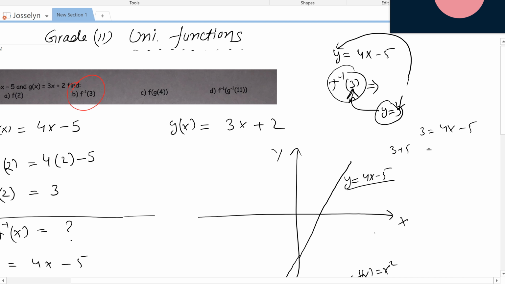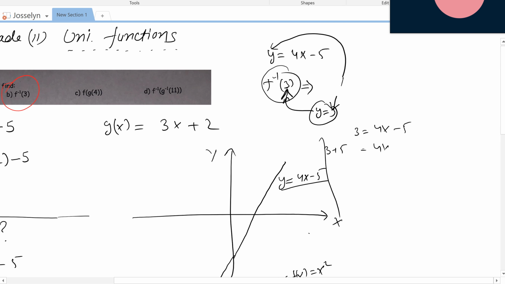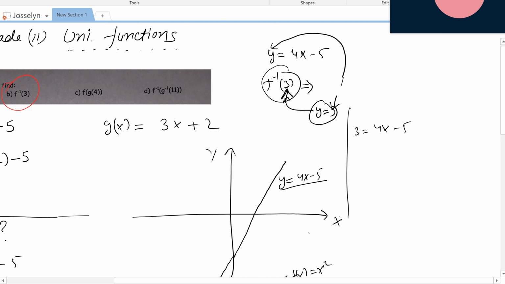So 3 plus 5, 4x. Let me make it more neat and clean. So we solve it. 8 equals 4x, then I divide by 4, so my x is 2.